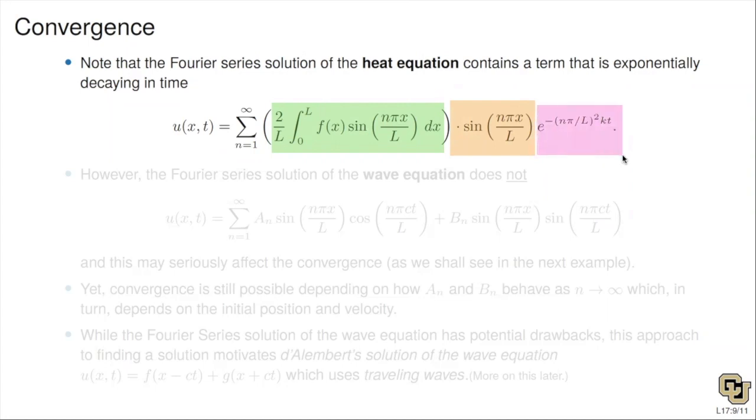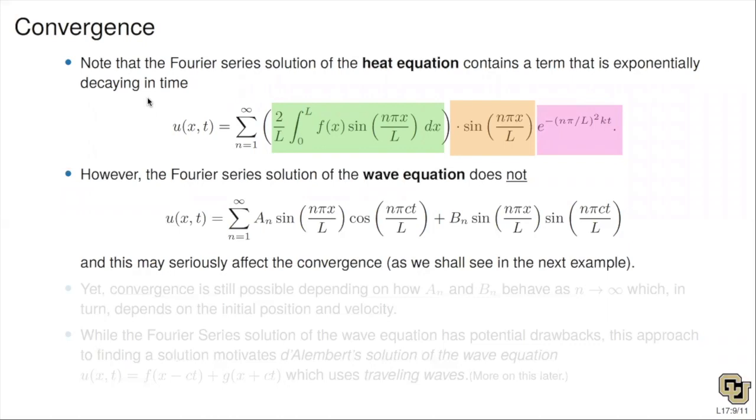That decaying exponential term is wonderful for convergence. The wave equation does not have it, and this completely affects convergence. Sometimes it'll happen, sometimes it won't. It's a lot dicier proposition with the wave equation.